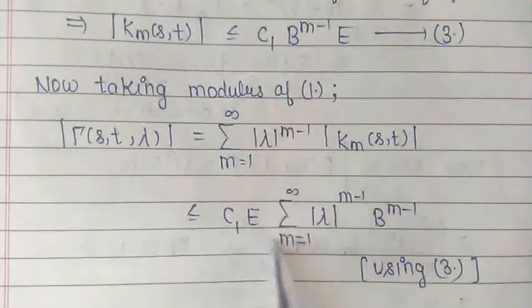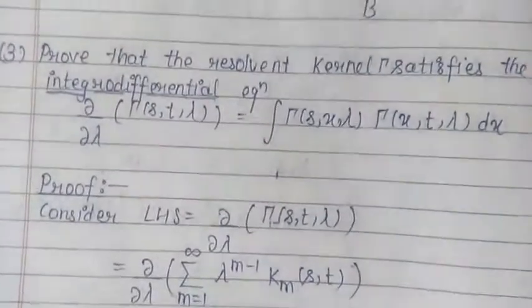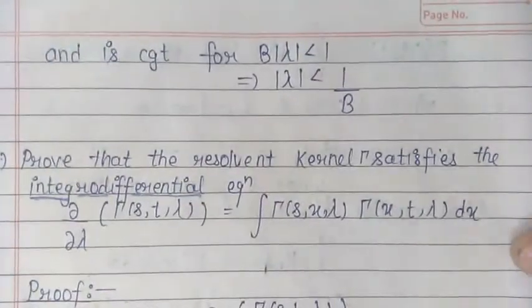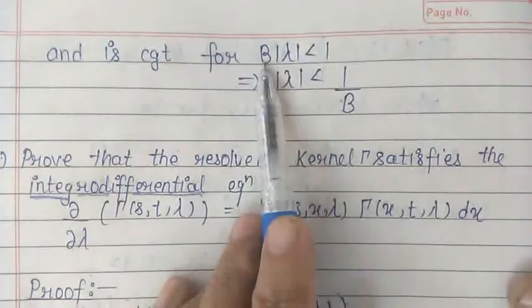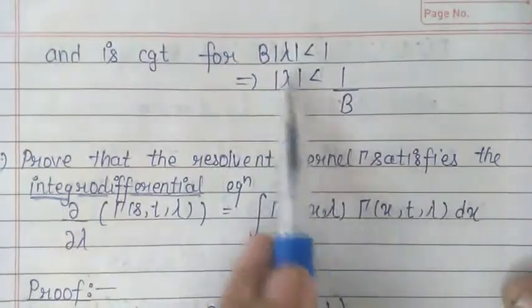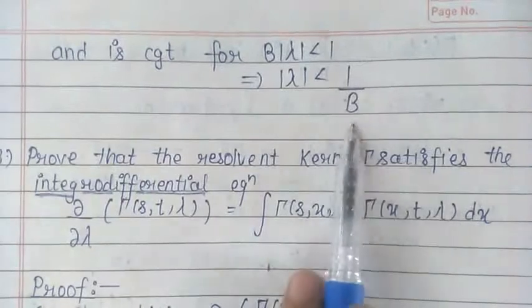Now this series is a geometric series, and we know that a geometric series is convergent if the common ratio of the series is less than 1. Here the common ratio for the geometric series is |λ| into B. So the series will be convergent if that is less than 1. It means |λ| is less than 1 by B.